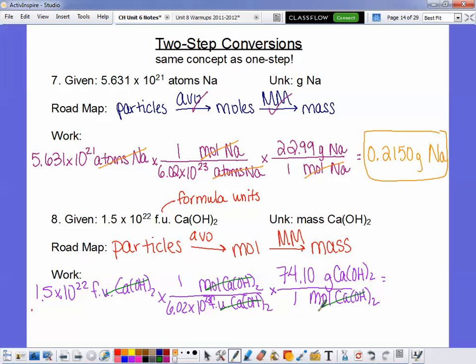So if you haven't already, which you should have, do the math there. How many sig figs are we going to have? 2, good, because 1.5 times 10 to the 22nd only has 2 sig figs. Whatever comes before, it's up to the scientific notation. And what do you get? 1.8 grams of CaOH2. Okay?